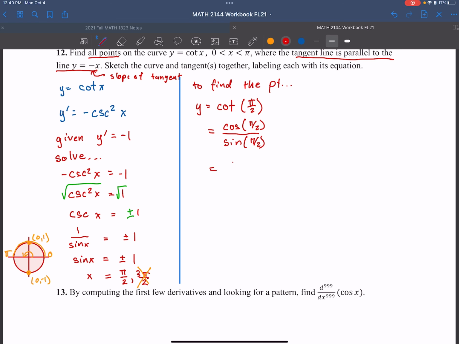So you get just 0 over 1 or 0. So the answer, the point, would be pi over 2, comma 0. So that's the point of tangency. That answers the first part of the question.